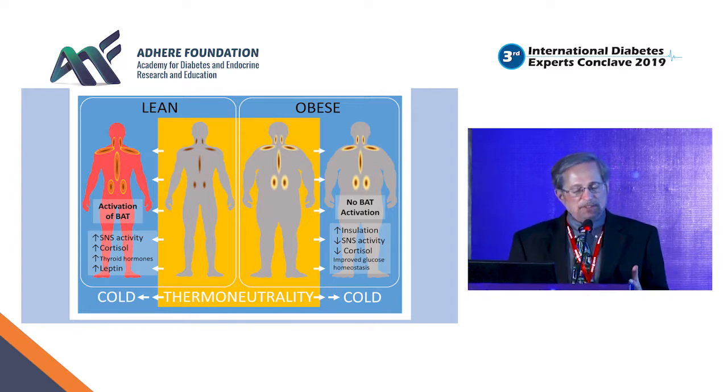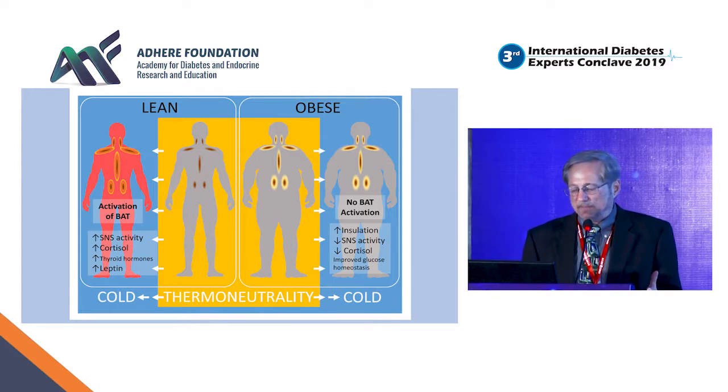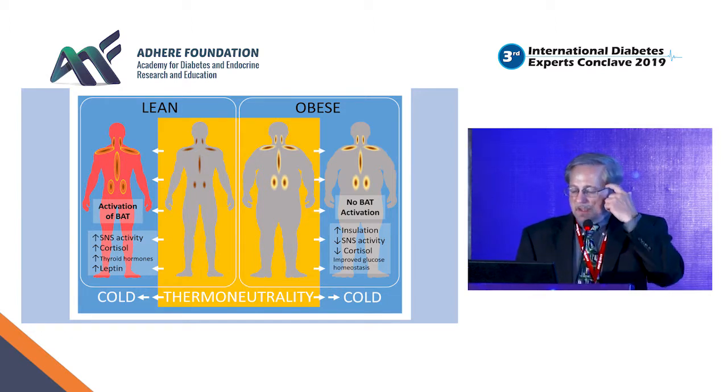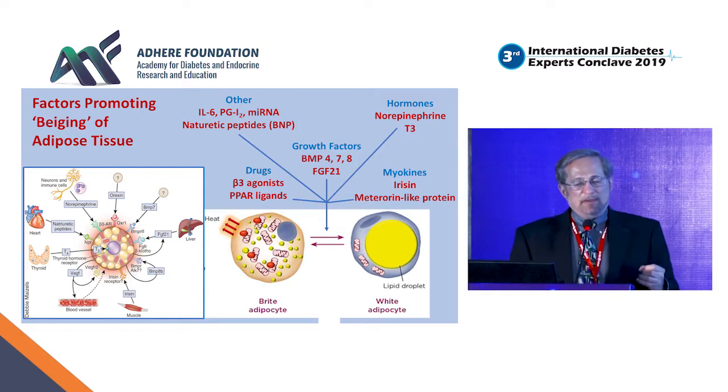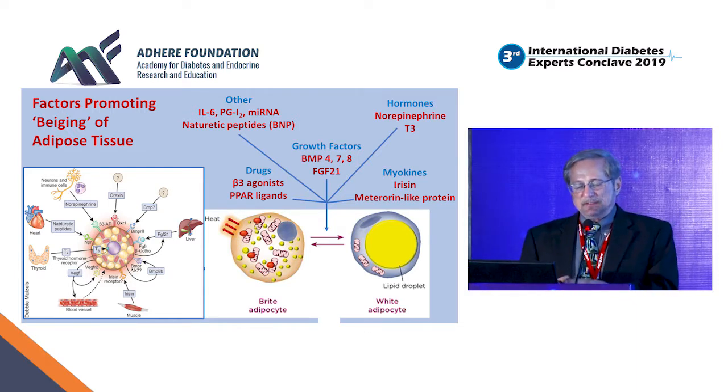But in patients with obesity that tend to have lower amounts of brown fat at baseline, and it's less inducible with cold exposure, we really don't see much change in improvements in metabolism.